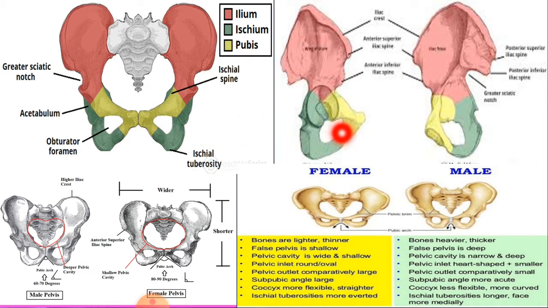Next, we talked about the ischium bone, and we said that it forms the posterior and inferior part of the innominate bone. And then we talked about the inferior projection that we named the ischial tuberosities. So they help you in sitting, and you sit on your ischial tuberosities.